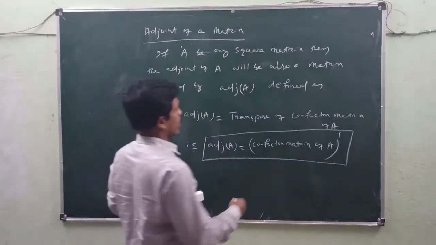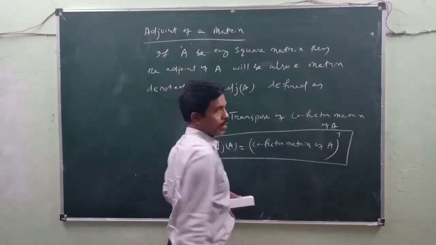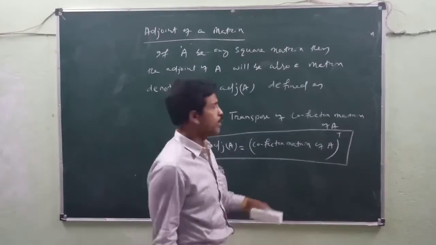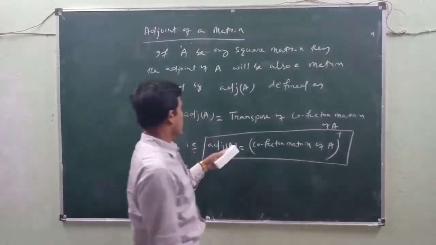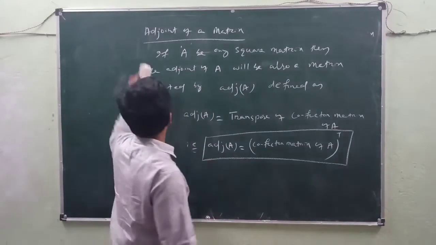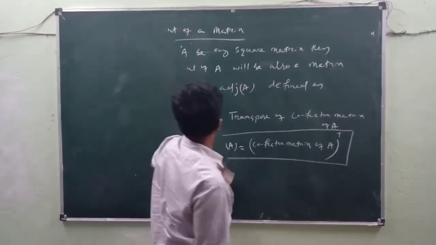That means you first find the cofactor matrix of A, then you find its transpose, which gives you the adjoint of the matrix.